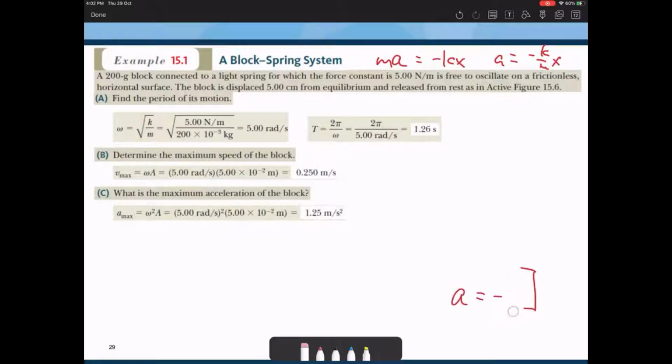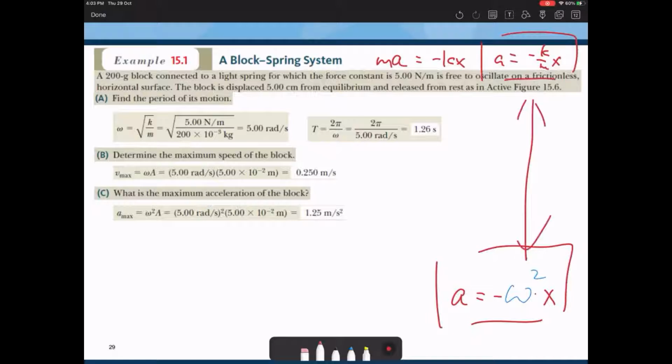Let's call that something omega squared, and it is multiplied by x. So compare this one to this one. You could see that omega squared is equal to k over m for the spring and mass system. So we could see omega is equal to square root k over m, as highlighted here.